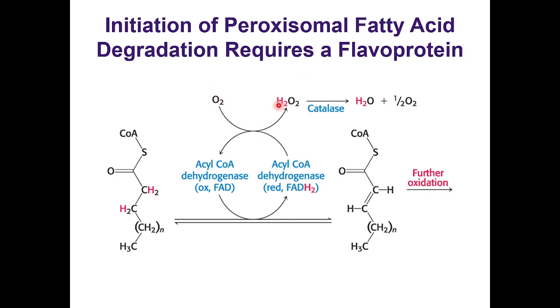Now, notice this will generate the hydrogen peroxide here when we go from the acyl-CoA dehydrogenase, reduced form, to the oxidized form. This is going to reduce your oxygen to the reduced form, which is the hydrogen peroxide, partially reduced form, I should say. We're going to use the catalase to further reduce this, and then get this oxygen back in the O2 form here.